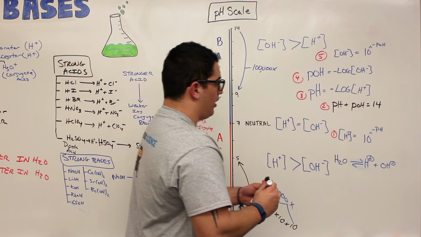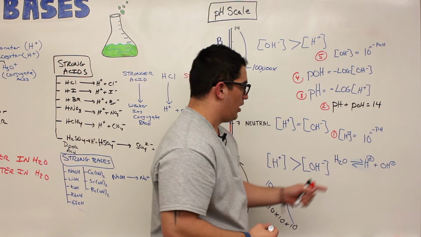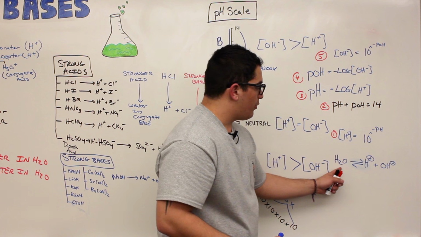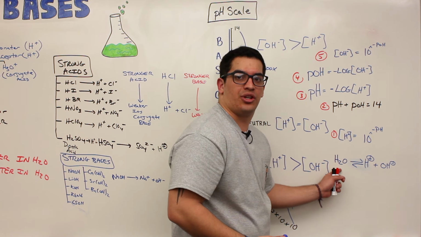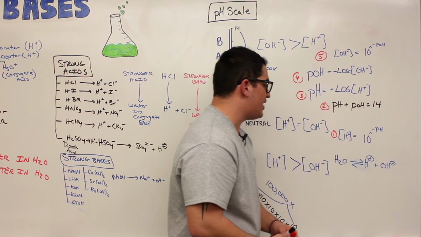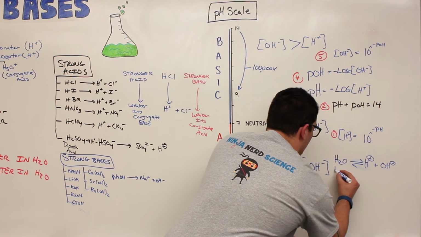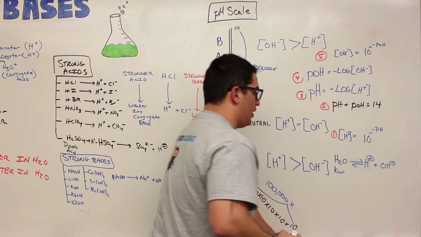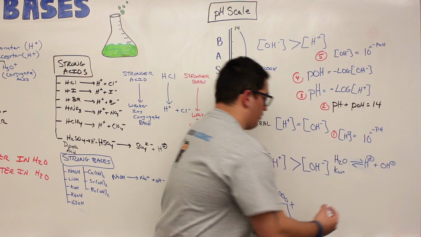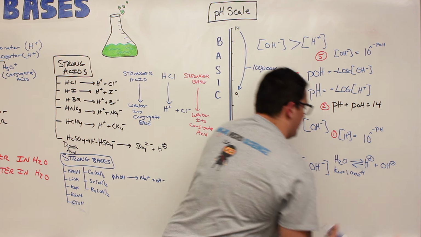That's cool, right? Because I know what H plus is, I know what hydroxide is, and I know what water is. Well, we were actually able to calculate the rate at which this occurs. We said the rate at which water autoionizes is defined as Kw, and Kw is equal to 1 times 10 to the negative 14.